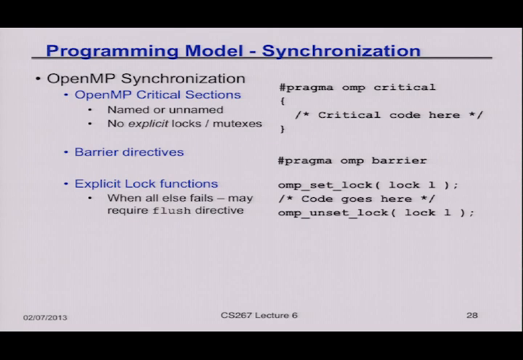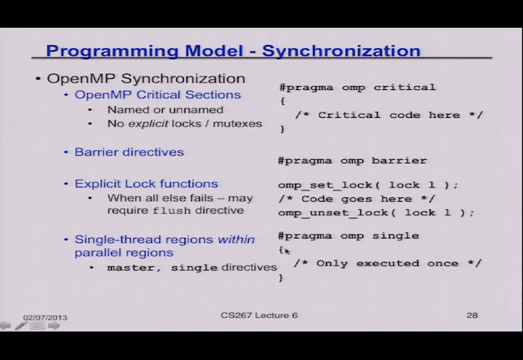And so both of you, two different processes, could think they have the lock. So there's a separate directive which says, please flush my cache. Please make sure that this variable is actually put out into the global shared memory so that whenever anybody else looks at it, they will get the right value. Depending on the cache coherency hardware on your particular platform, you may need to use this. Anyway, this is a lower level kind of thing. Critical sections just handle it all for you, and you don't have to worry about it.